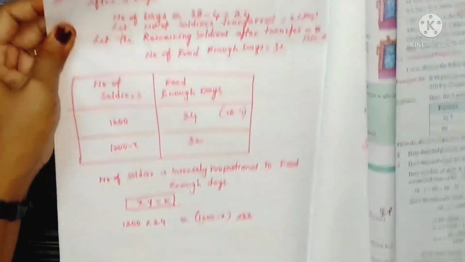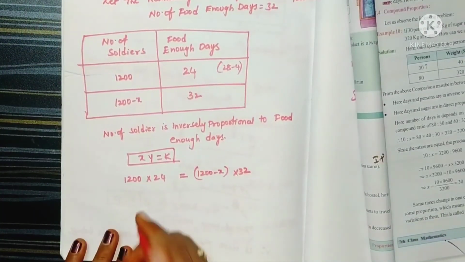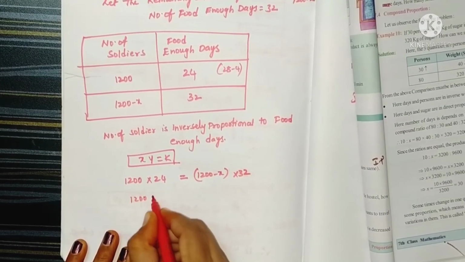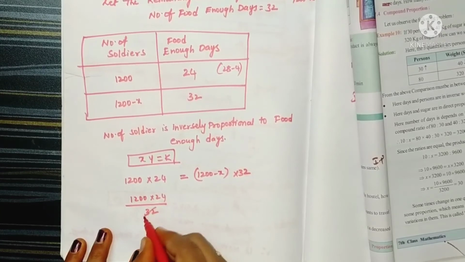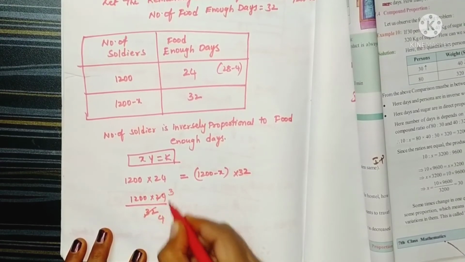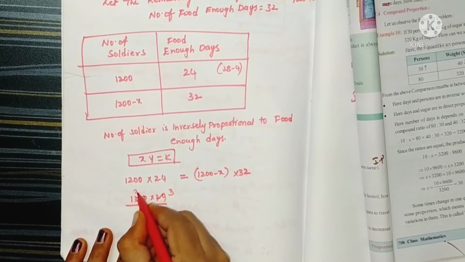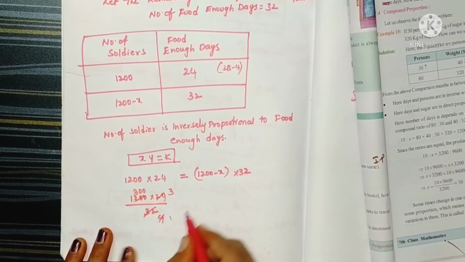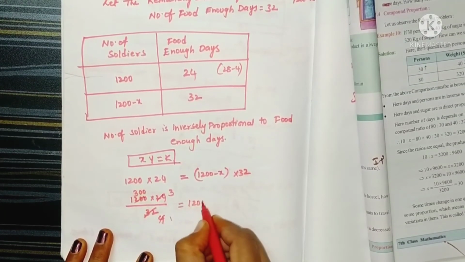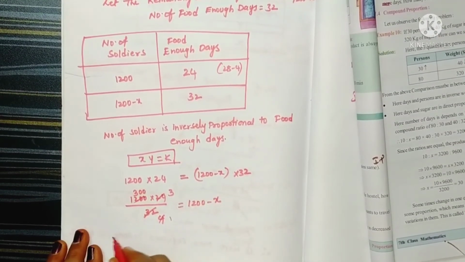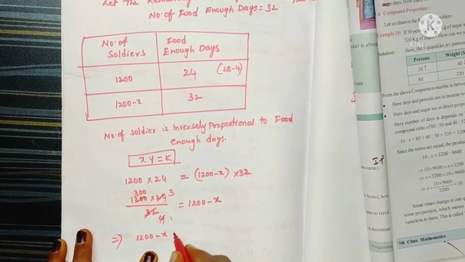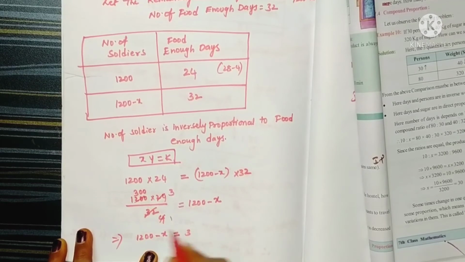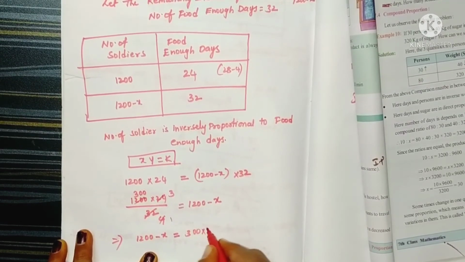So just transpose this 32 to this side. It comes under division. 8 4s are 32, 8 3s are 24. Again 4 1s, 4 300s is equal to 1200 minus x. So that implies 1200 minus x is equal to 300 into 3.